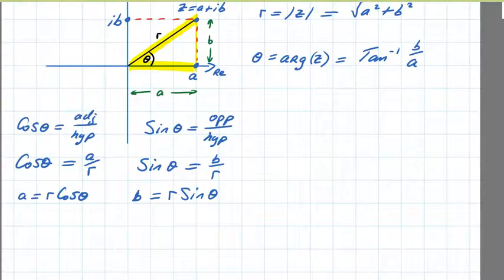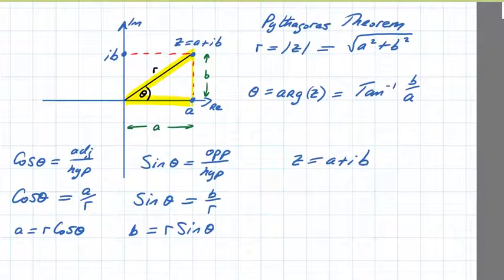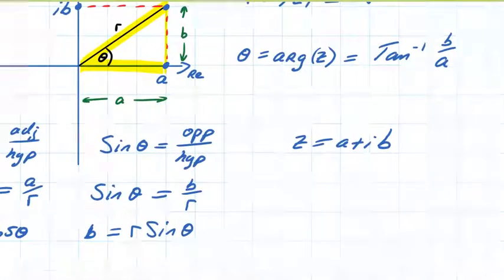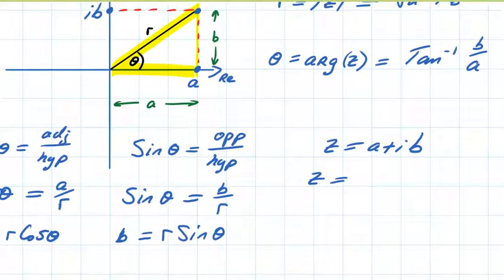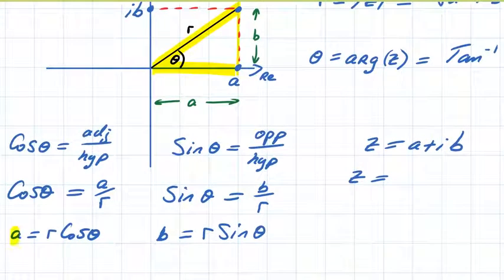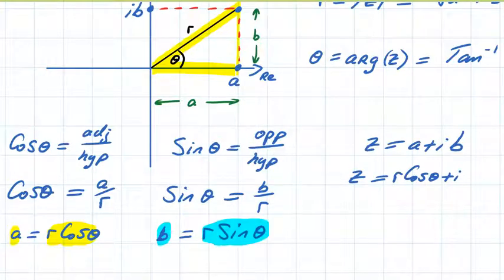And now everything comes together, because if we go back to our Cartesian form, which is z equals a plus ib, which is what I started off with, we can now rewrite that as z equals, well, for a we can sub in r cos theta, plus i times b, which is r sine theta.